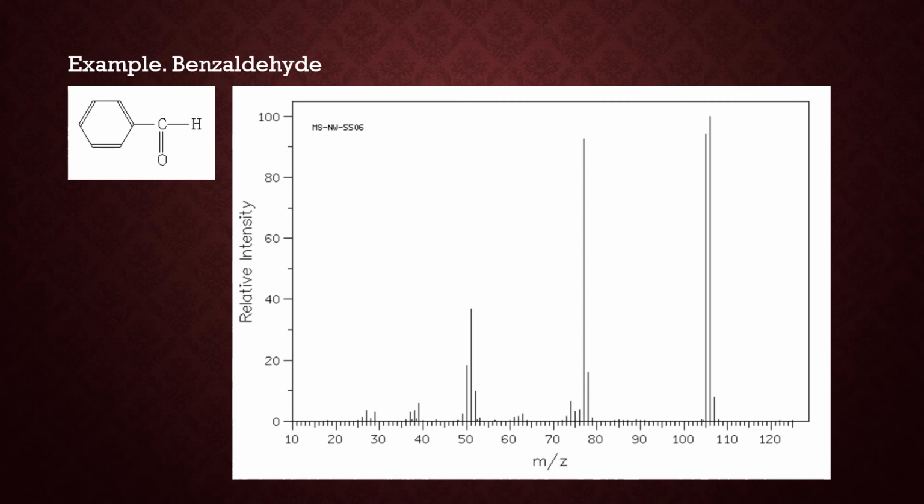Benzaldehyde has the aromatic ring attached to an aldehyde group, and we already spoke about hydrogen abstraction giving us a large peak at a lower m/z value than the parent, in this case 105 compared to the 106 line. But we're now interested in a bigger fragment, namely the whole aldehyde group coming off. That would give us a minus 29, resulting in a line appearing at 77.